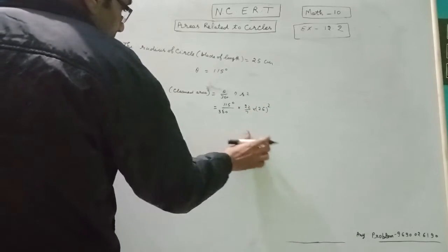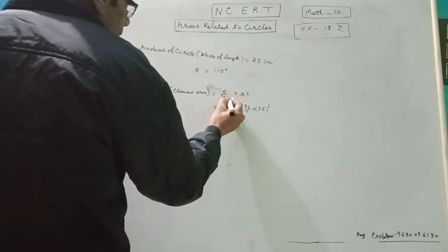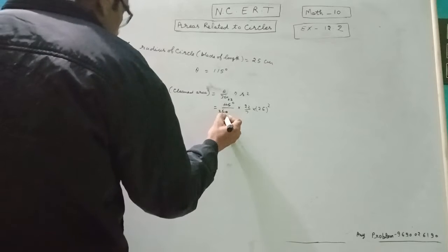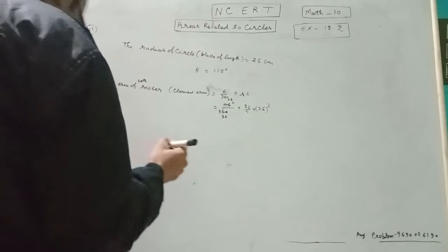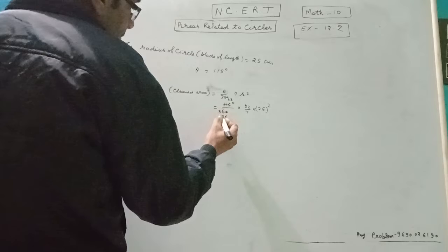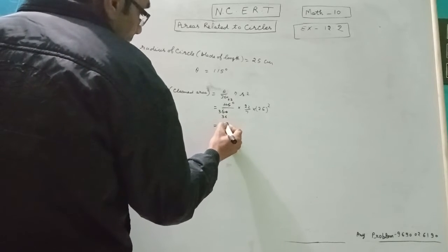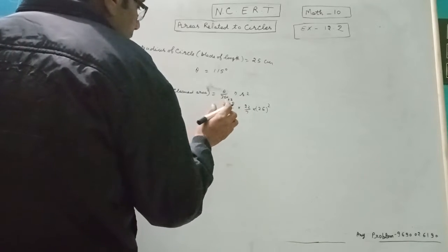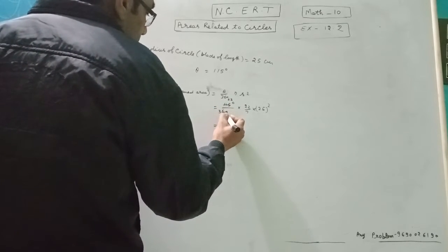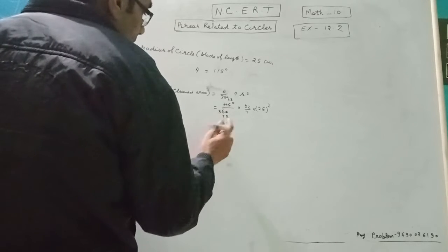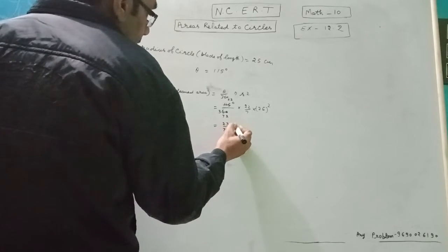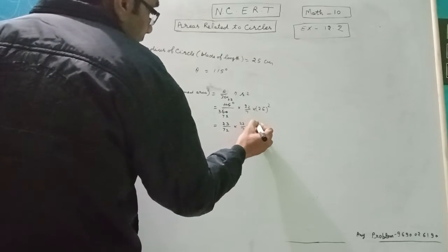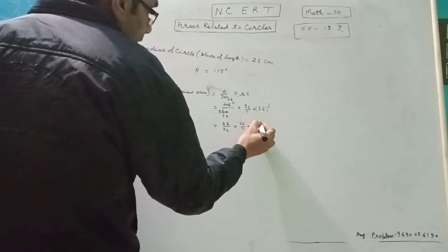After multiplying, 23 divided by 5, 36. 23 upon 36, 5 sevens are 72. 72 into 22 upon 7, 25 square is 625.